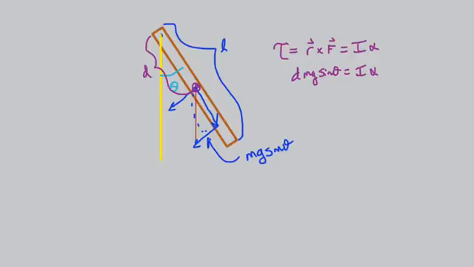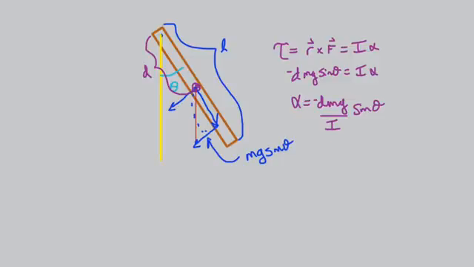Okay, or alpha equals dmg. Actually, that should be negative because it's restoring. Okay, negative dmg over I sine theta is now what our acceleration is for our swinging rod.